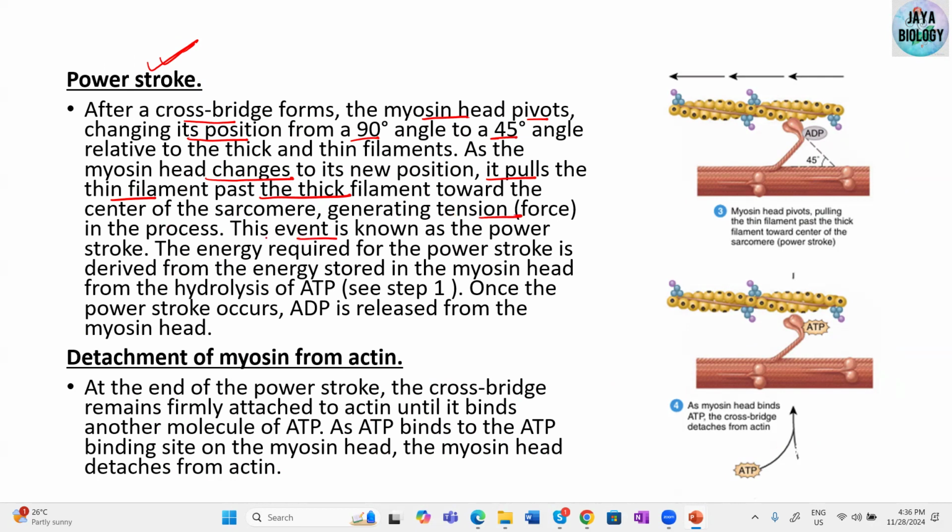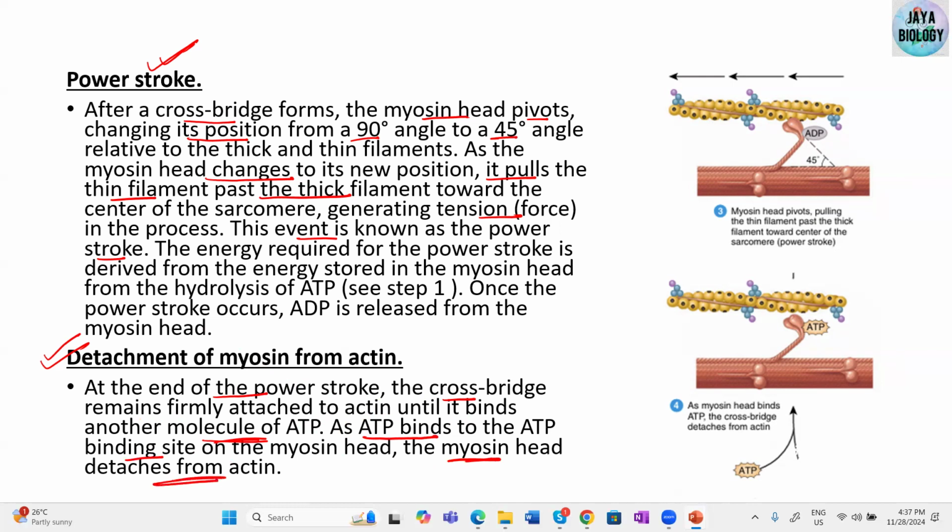This event is called the power stroke, and we have understood how the energy is obtained by the hydrolysis of ATP. So the thin filament is pulled over the thick filament. Clear? After this, detachment of myosin has to happen. At the end of the power stroke, the cross bridge has to be broken. This can be broken only when an ATP molecule binds to it. When ATP binds to the ATP binding site, the myosin head gets detached.